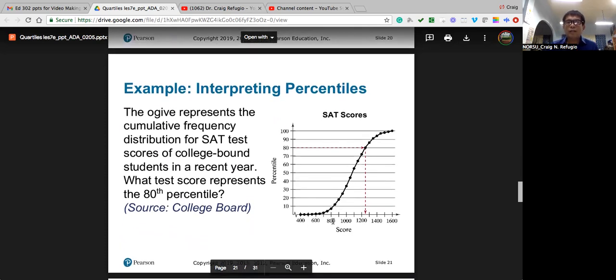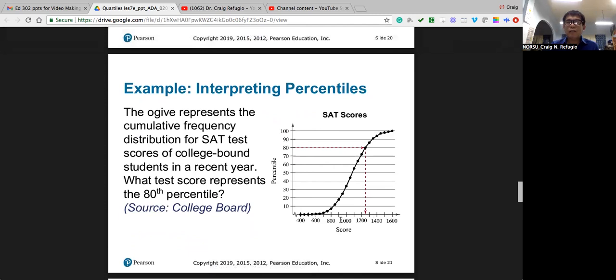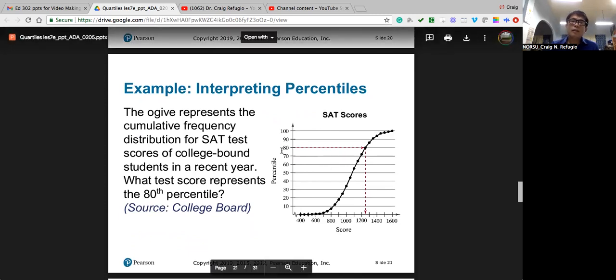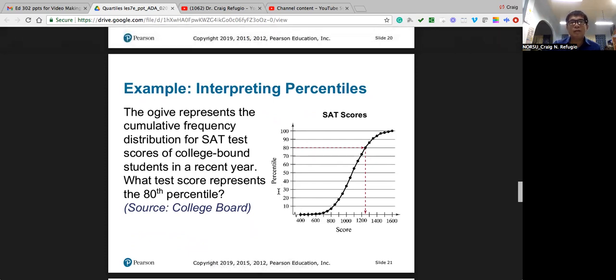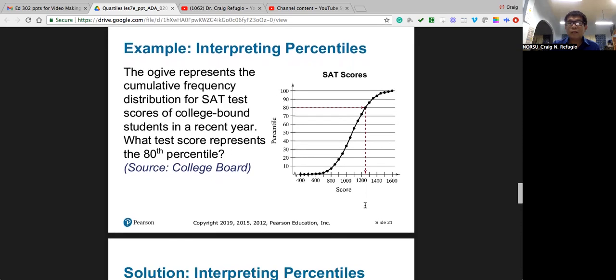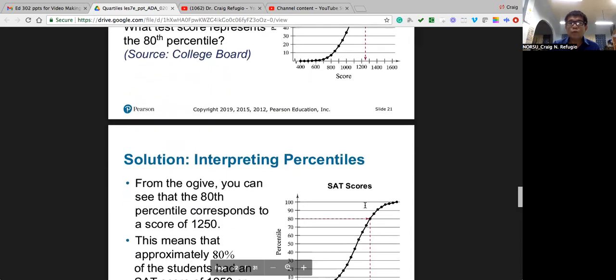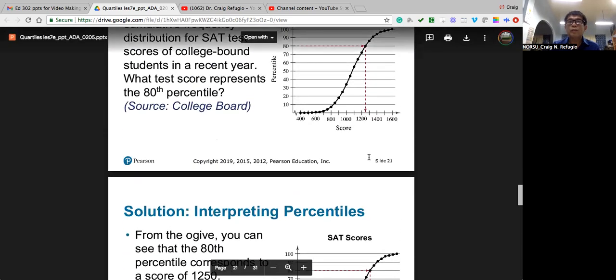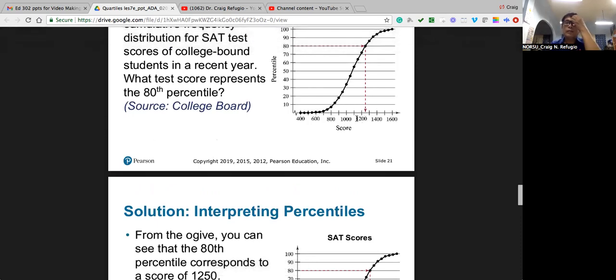We look at this one here, 400 up to 1,600. Then we have here the percentile rank. So we look at 80, the 80th percentile rank, and when we approximate, that's actually what? One over 1,200. If you divide this one, 1,200, 1,400.